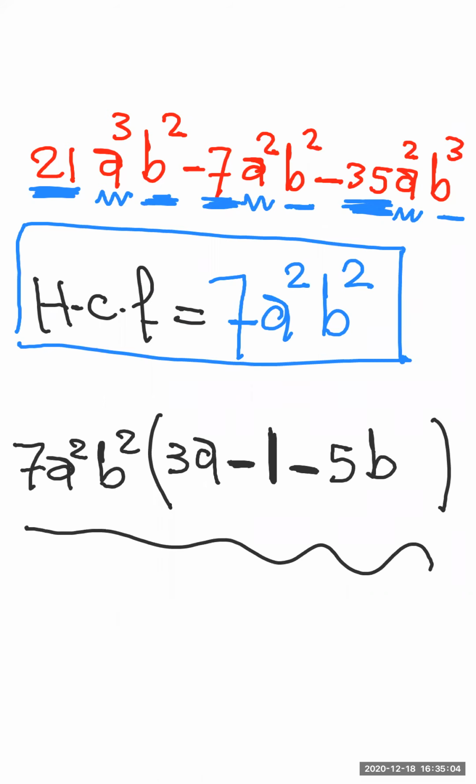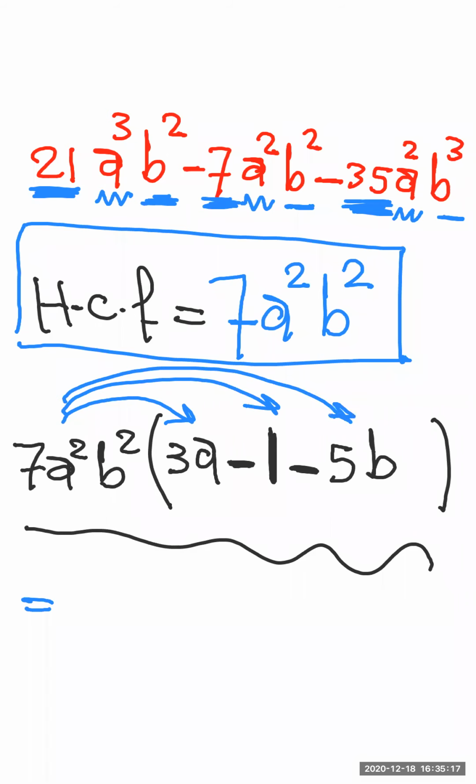Guys, by the way, if I want to check if my factorization is correct or not, then I have to multiply the HCF by all elements inside the bracket to check. This is not included in the solution steps, but I just tell you if you want to check. So 7 times 3, 21.